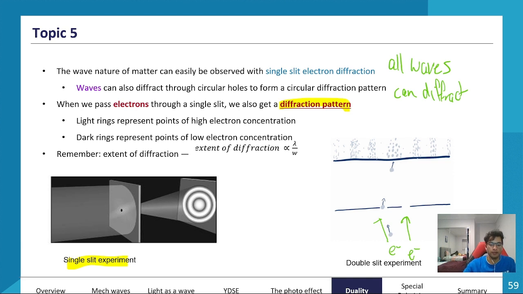And because it's a wave, you can apply this sort of ratio where the extent of diffraction is equivalent to the wavelength divided by the width. So if the width of the gap is close to the wavelength of an electron, you're going to see maximum diffraction.